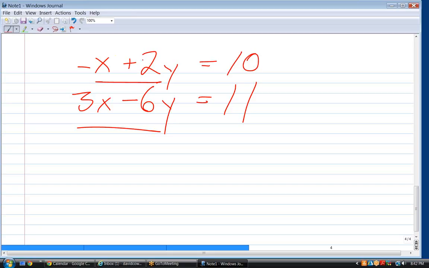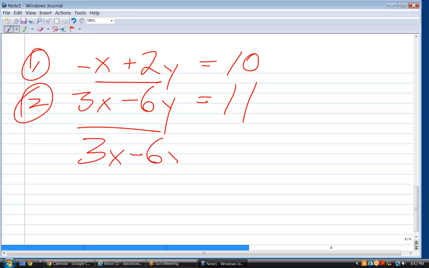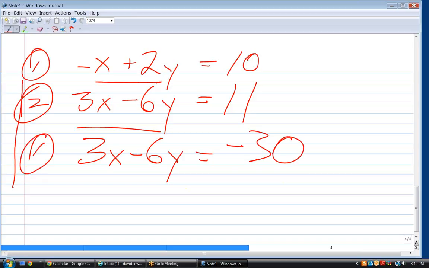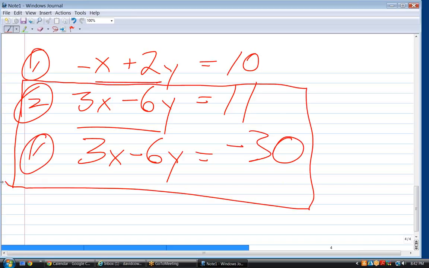Okay. Notice that, let's go through it. If I multiply the first equation by minus 3, I get 3x minus 6y equals minus 30. Well, I'm allowed to do that. The thing is that these two equations now are in direct contradiction.